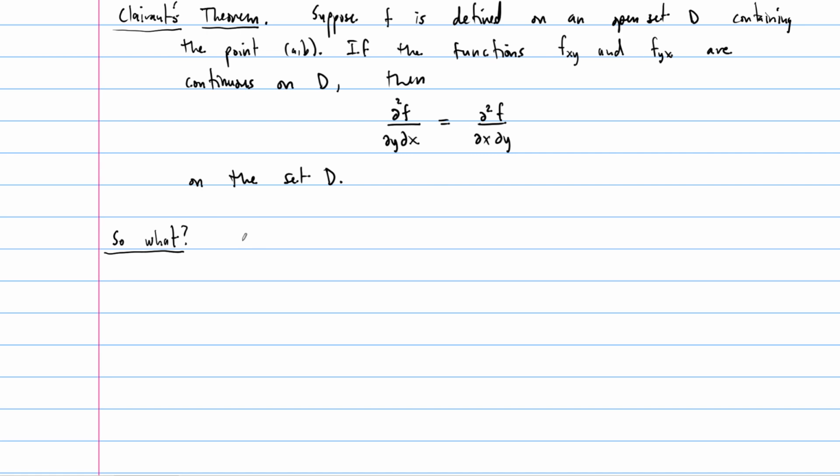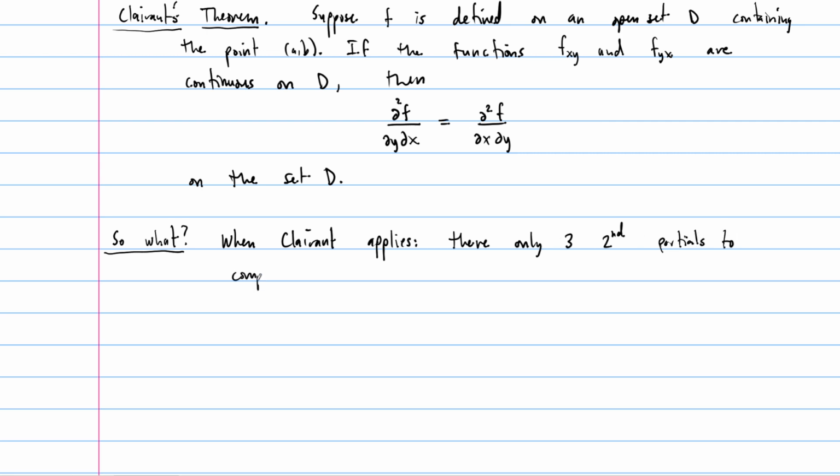But one thing it means is that when Clairaut's theorem applies, there are only 3 second partial derivatives to compute instead of 4. That sounds like not a big deal, but it reduces the amount of work you have to do.